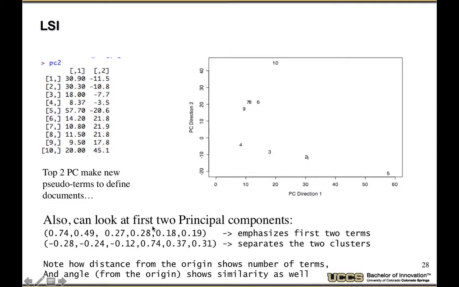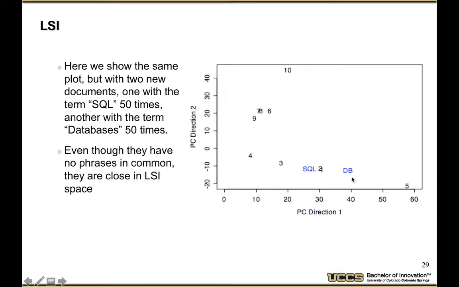And the first two principal components emphasize the first two terms, right? This term and then that term, we put them together. And it really separates the two clusters. We can easily see there's a bunch of documents here and a bunch of documents here. And we can now do clustering or separation in this space instead of the original space.